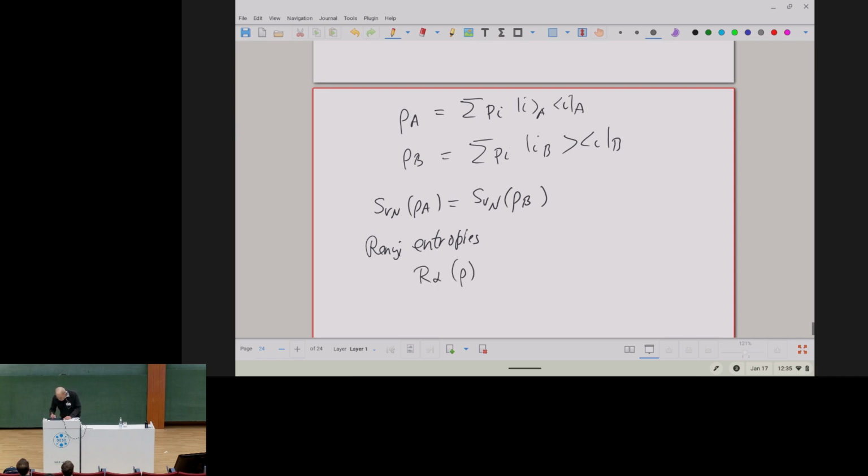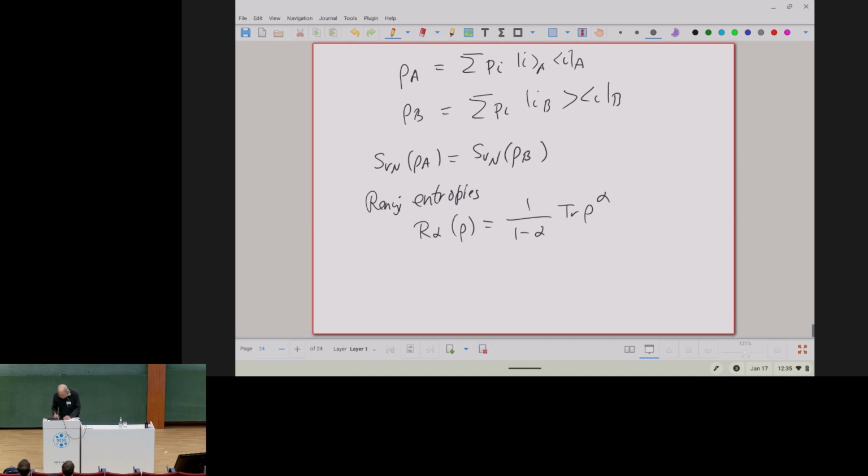The Rényi entropy of a density matrix of index alpha is this. It's useful because it's often easier to calculate than von Neumann entropy. But a little calculus will show you that the von Neumann entropy is the limit as alpha goes to 1 of the Rényi entropy.